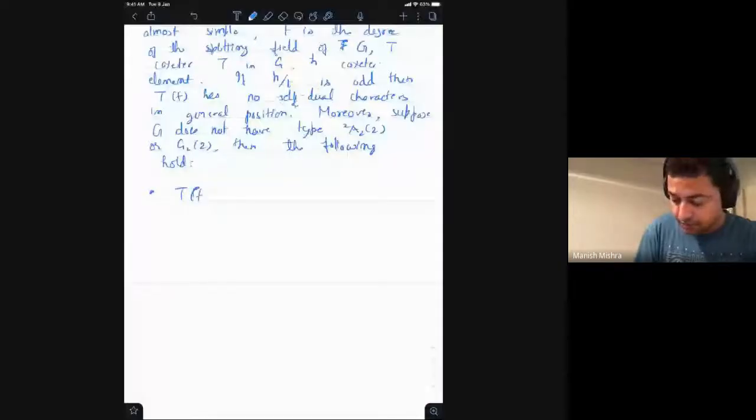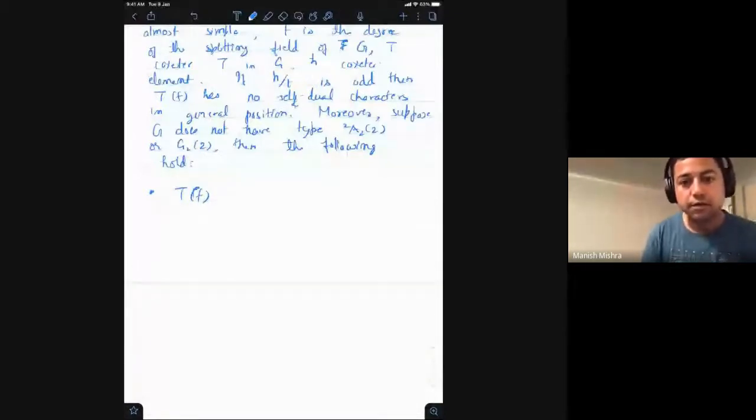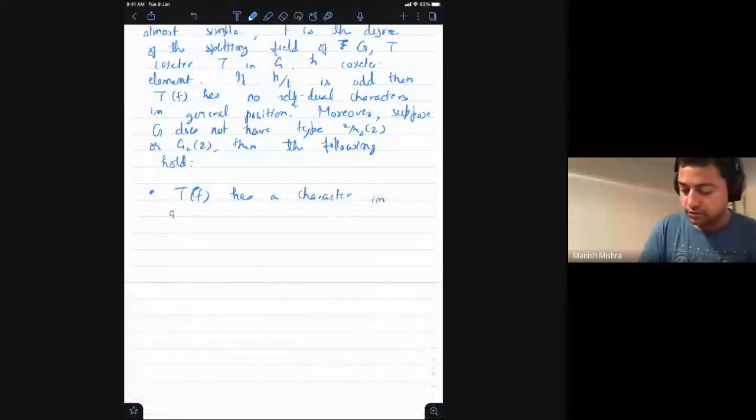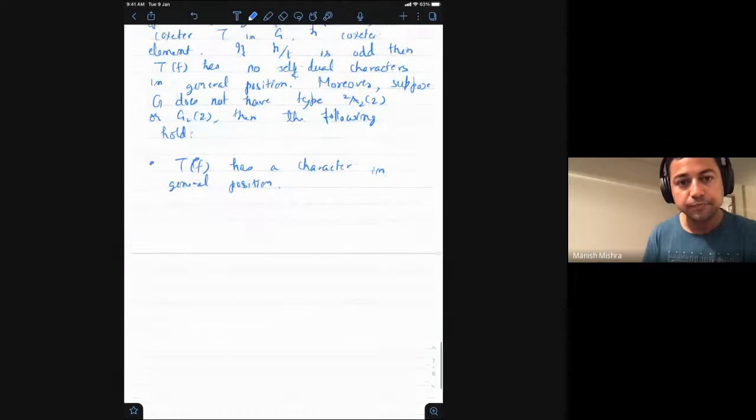TF has a character in general position. So for a Coxeter torus, you will always be able to find a character in general position, putting aside some exceptions, which we handle by hand.